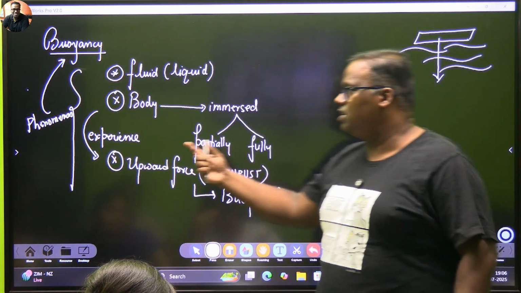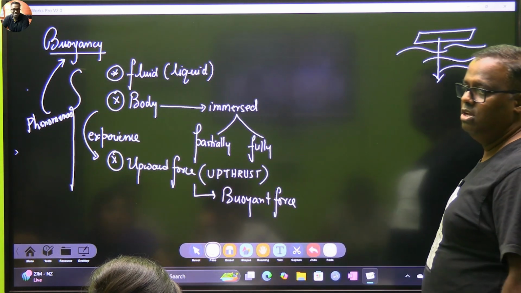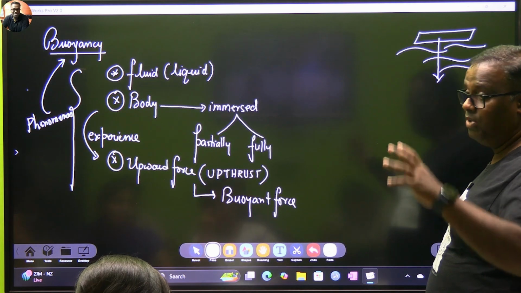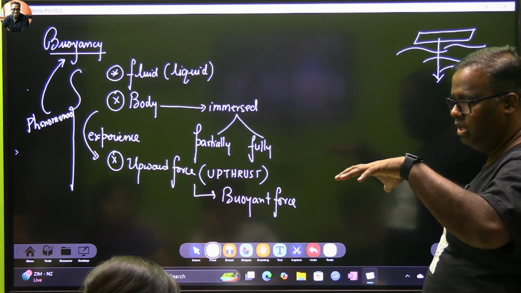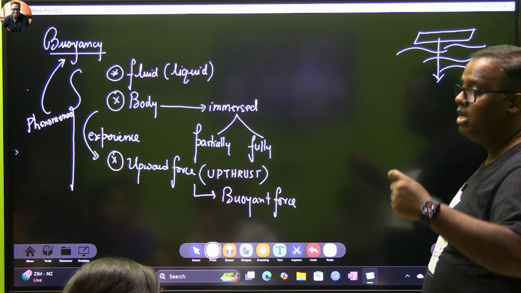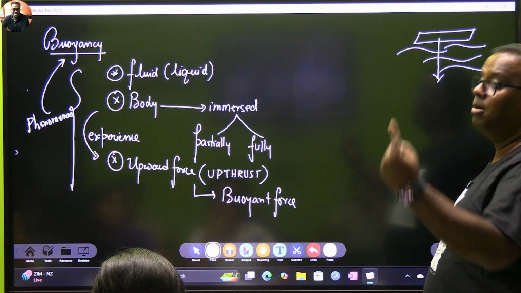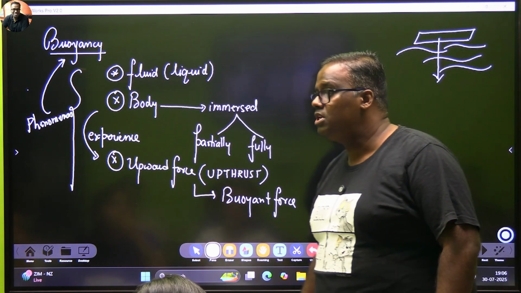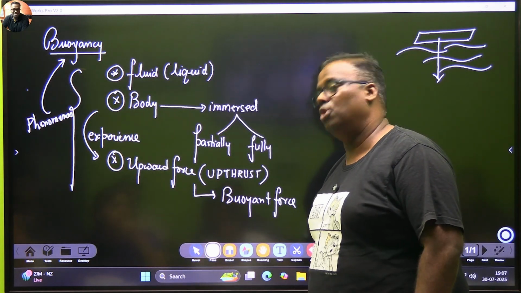So if someone asks me to define buoyancy, buoyancy is the phenomenon due to which an object, when immersed partially or fully in a fluid, that is a liquid, experiences an upthrust, and that upthrust is known as the buoyant force.